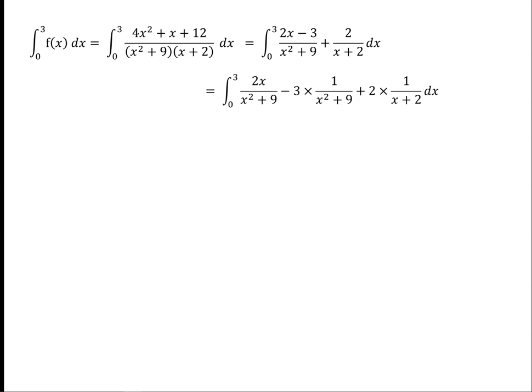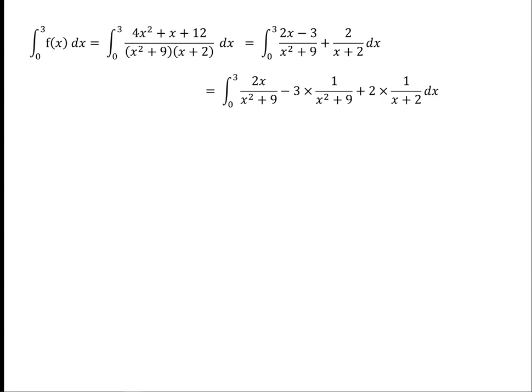We can split the 2x minus 3 over x squared plus 9 into 2x over x squared plus 9, take away 3 times 1 over x squared plus 9, plus 2 times by 1 over x plus 2. And each of those terms we should be able to integrate.